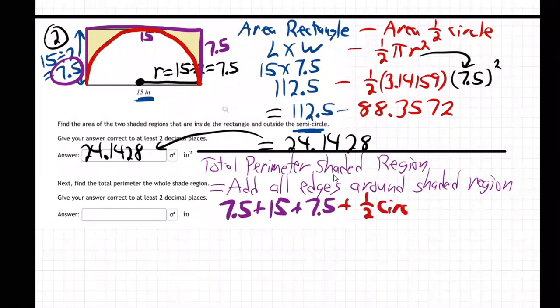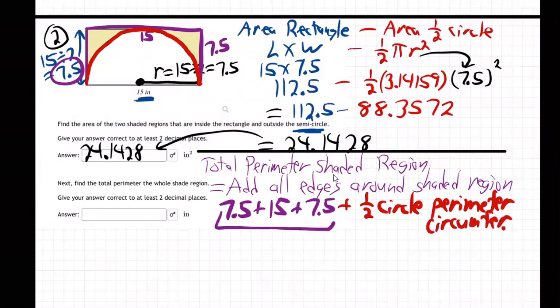A half a circle perimeter or circumference. That makes sense? So, okay, if we add these up, I'm getting 30 plus a half of a circle perimeter.